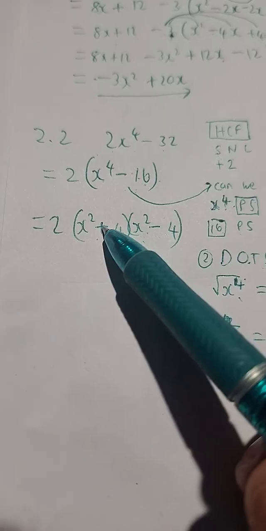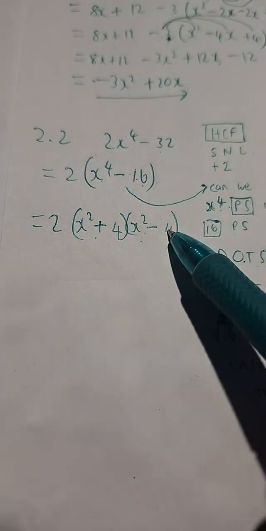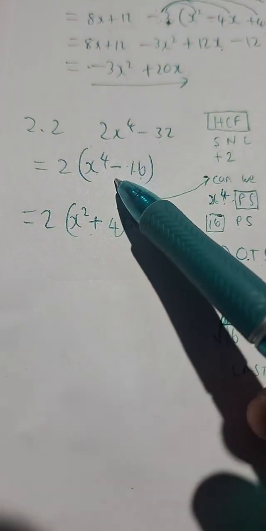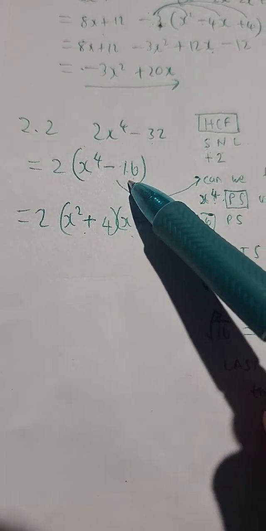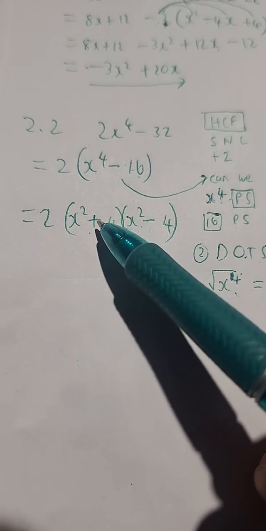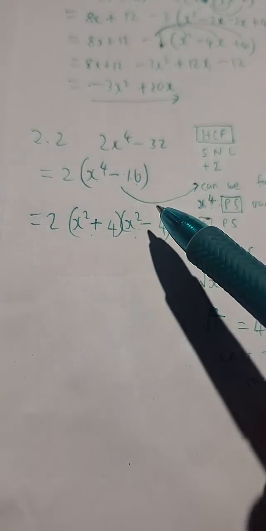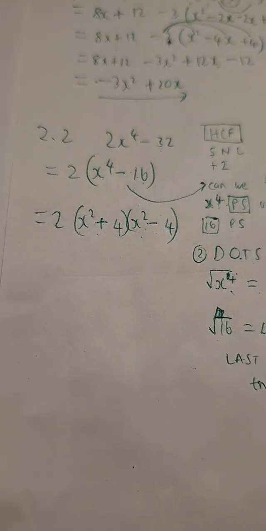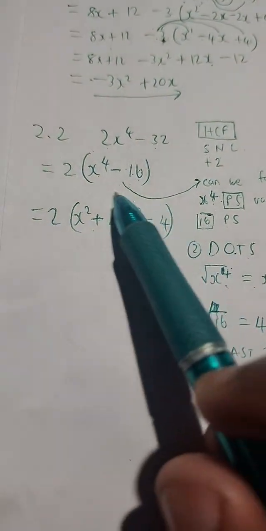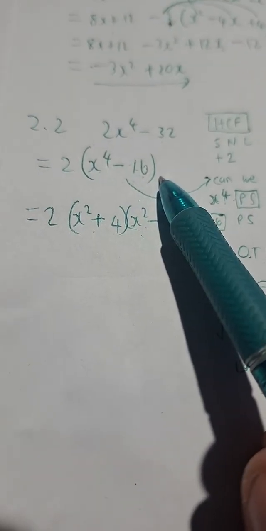Then lastly, positive 4 times negative 4 gives you back the negative 16. So that is why we have a positive sign for one bracket and a negative sign inside the other bracket, because this is what will bring us back to the original expression.